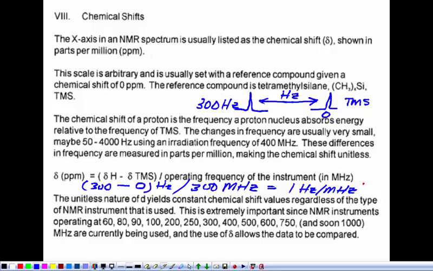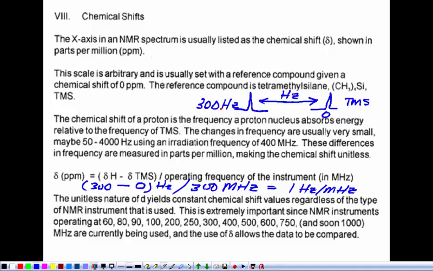And now you can see where the part per million unit comes from, because a hertz and a megahertz is 1 part in a million. Okay. So this peak would show up at a chemical shift of 1. And it will always show up at a chemical shift of 1.